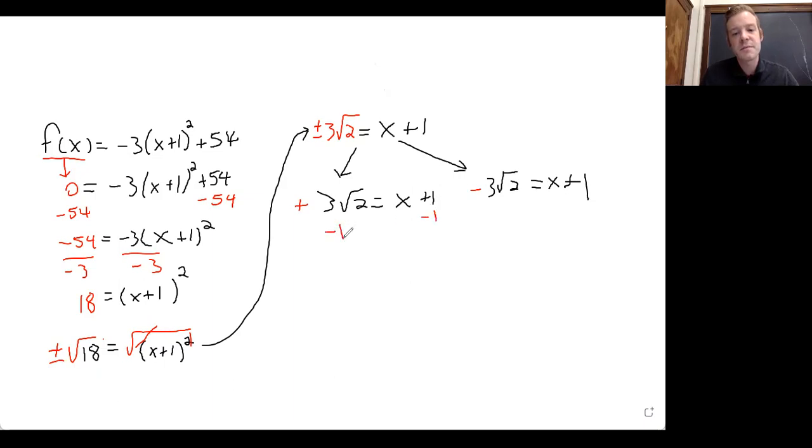However, you should notice that 1 is a different type of number than 3 square root of 2. These are not actually like terms. So rather than actually combining these together, we are just going to set them next to each other. So my answer here, my x-intercept, is going to be x equals -1 plus 3 square root of 2.